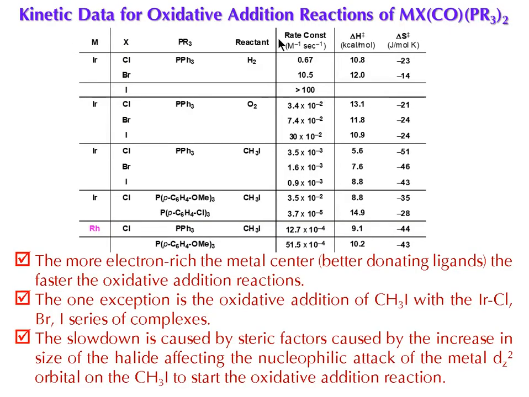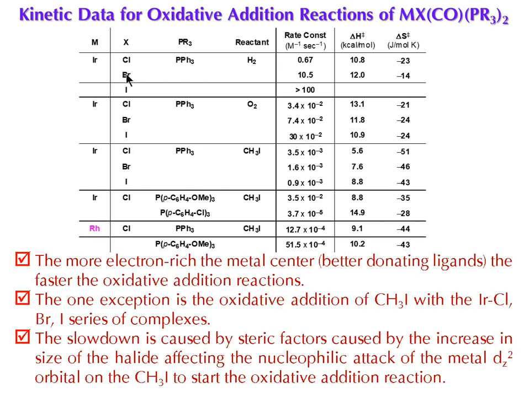Kinetic data for the oxidative addition reaction of MxCO(PR3)2. As the electron density on M increases, the oxidative addition on this complex is favored. The more electron-rich the metal center, due to better donating ligands, the faster the oxidative addition reaction. Consider, for example, iridium Cl and iridium Br complexes containing phosphine, and we add the substrate H2.